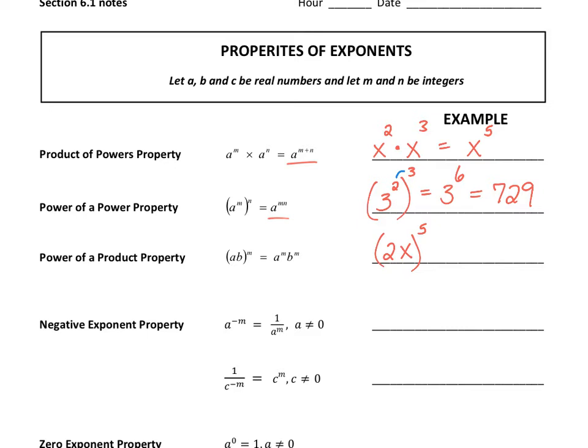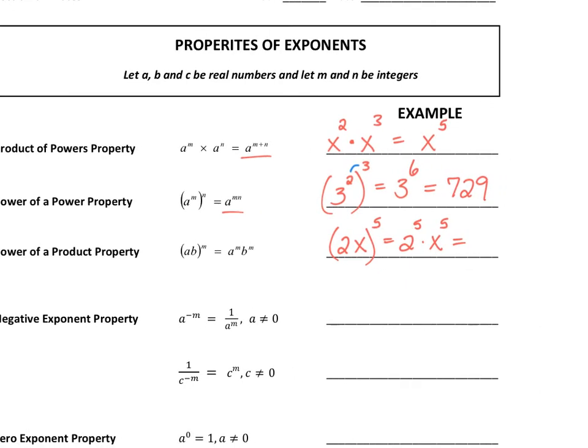Something like this. This would actually be 2 to the 5th power times x to the 5th power. And then we can actually figure out what 2 to the 5th power is. 2 to the 5th is 32. So this would be 32 times x to the 5th.